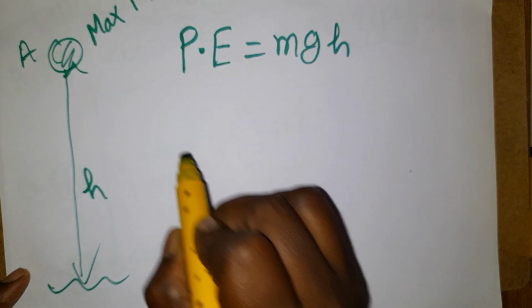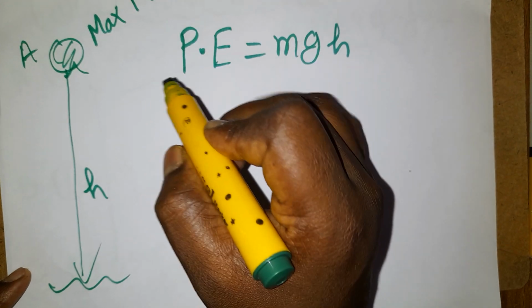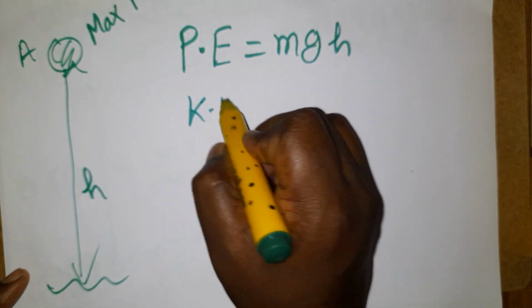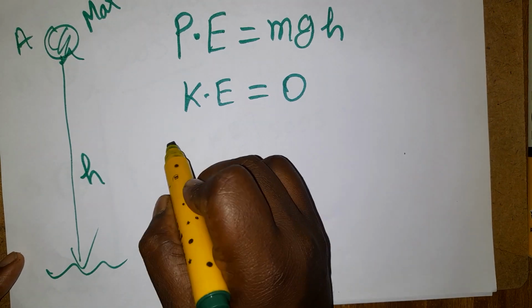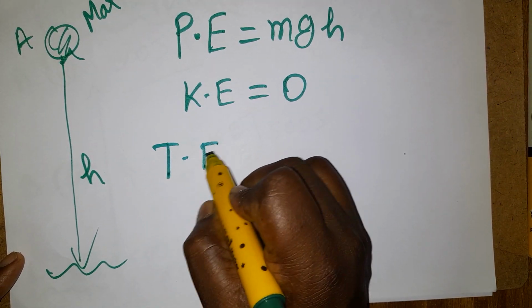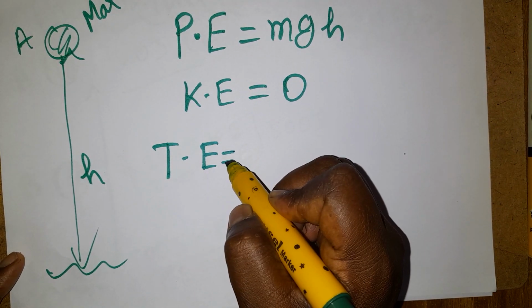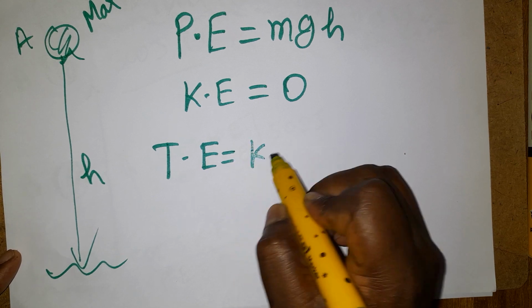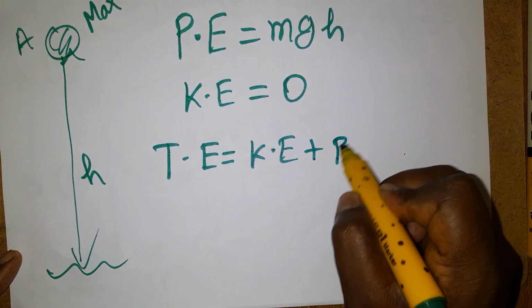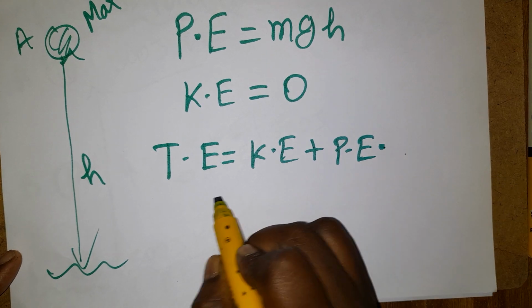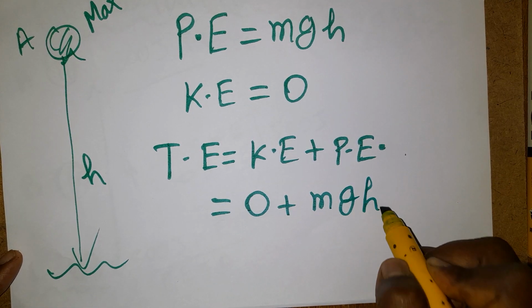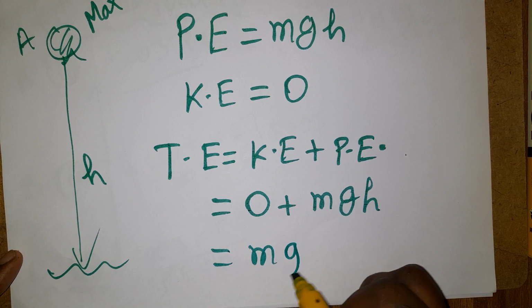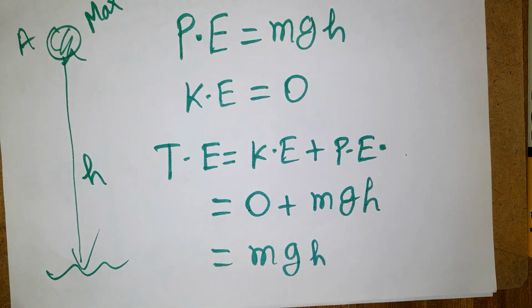At point A there is no kinetic energy; kinetic energy becomes 0. I am talking about the maximum point. Total energy is equal to kinetic energy plus potential energy. What is kinetic energy? 0. What is potential energy? mgh. What about total energy? mgh. For example, 500 joules.